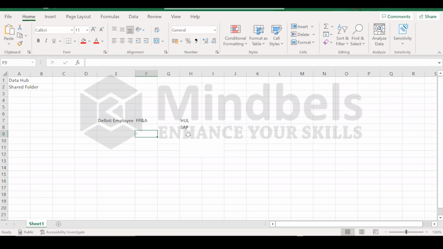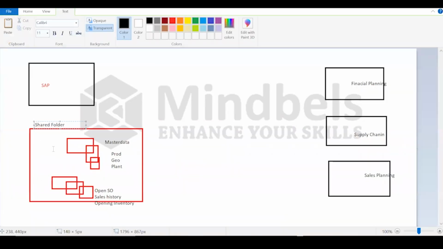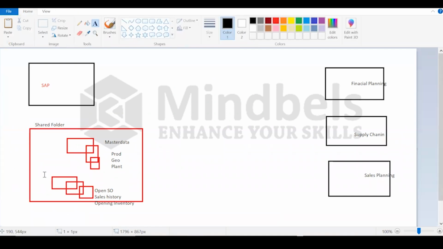Simply, a shared folder is one which has been created, and access given, by the client to get the data. Okay. Done. So this is that shared folder, and this shared folder has this master data and transactional data, right? And this is my transactional data.